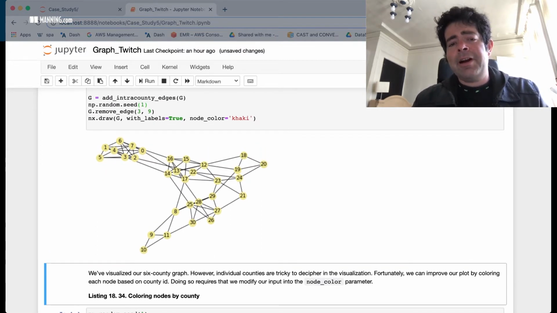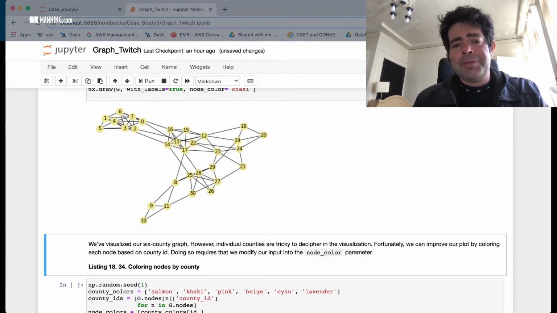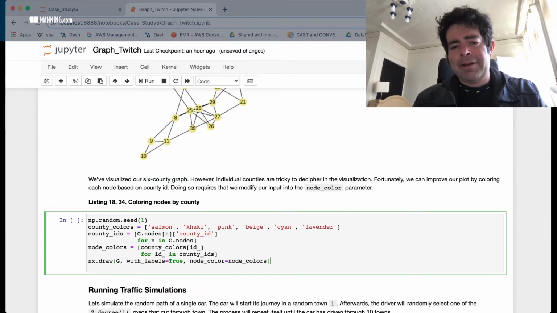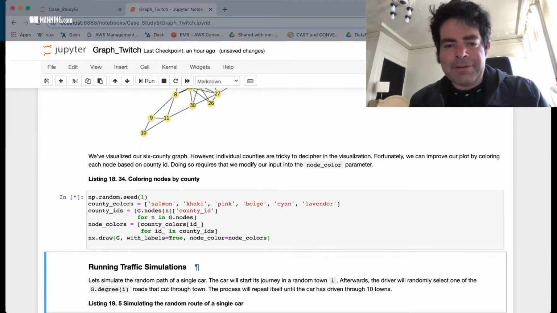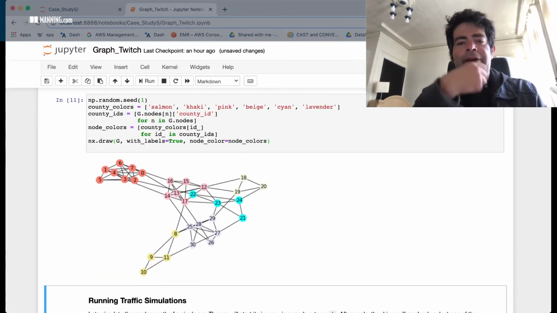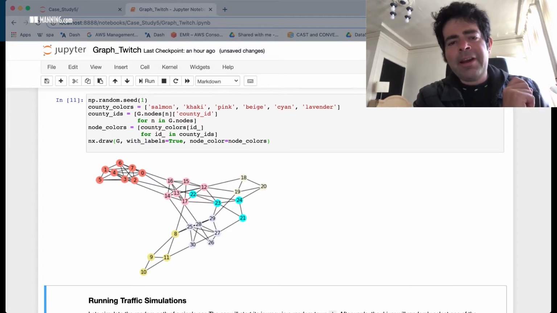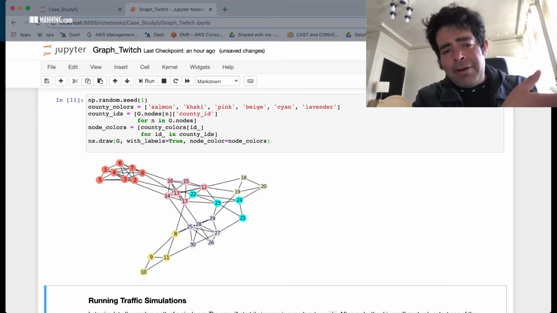And let's actually color these clumps, these communities, by their county ID, and we expect again all the clumps to correspond to counties, which of course they do. And we can see here that, as expected, the towns in individual counties are tightly interconnected by roads, and the towns in different counties have more sparse roads between them.